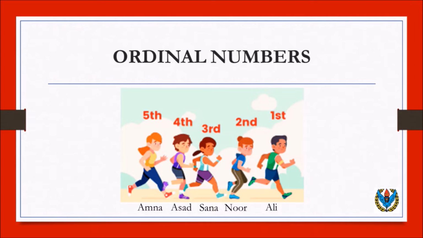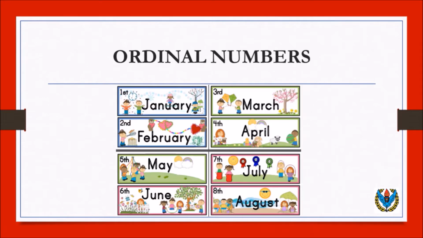We can take another example of the number of months in a year. January is the first month, February is the second month, March is the third month, April is the fourth month, and so on. Hope you understand the difference between regular numbers and ordinal numbers.